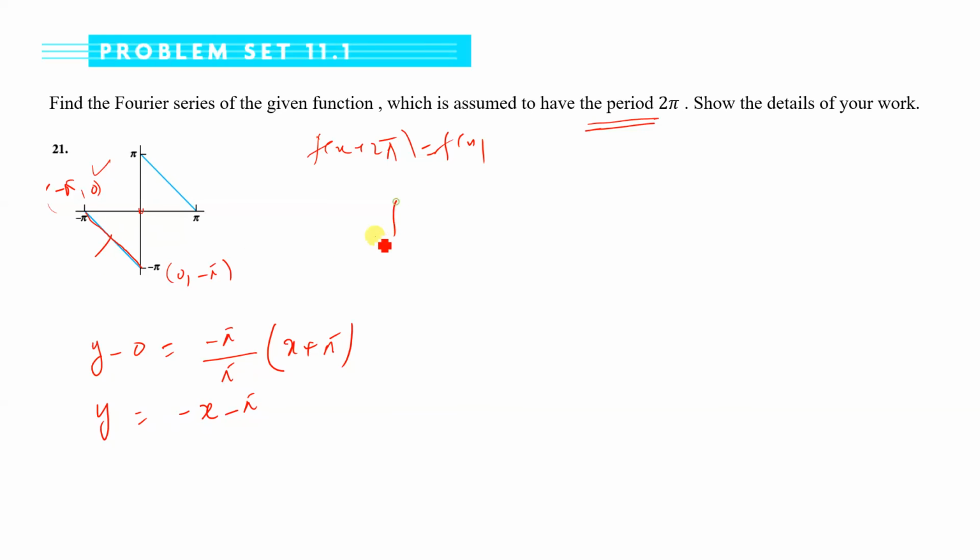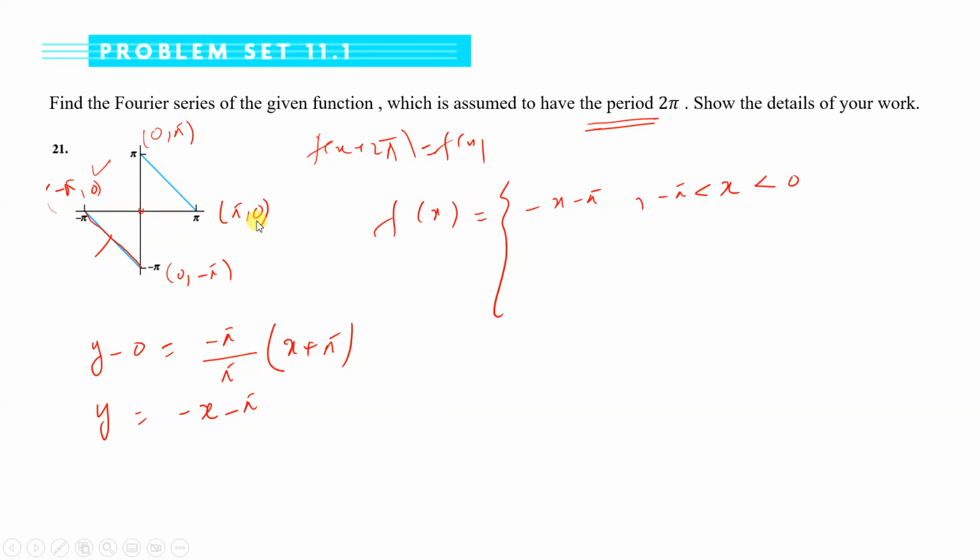So if we have to write the value of the function, f(x) is equal to minus x minus pi for x lies between 0 and minus pi. And for this interval, this line passes through 0, pi and pi, 0.